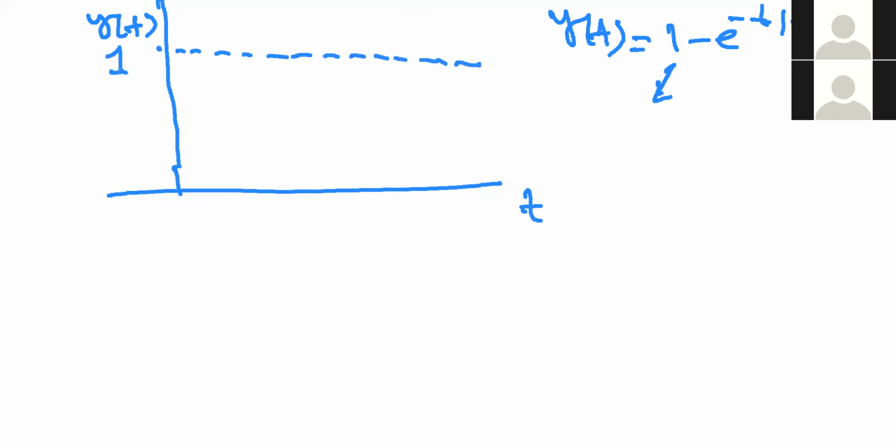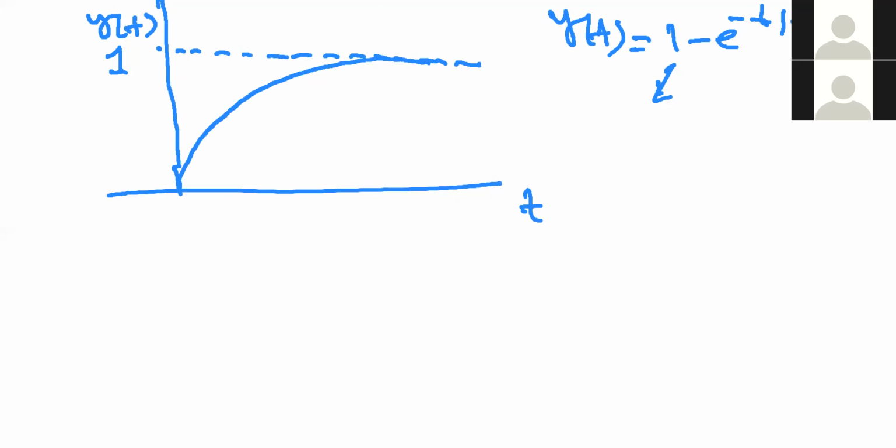So now let us find the response for the general case. It will increase like this, as an exponential function. So this is for the time constant.